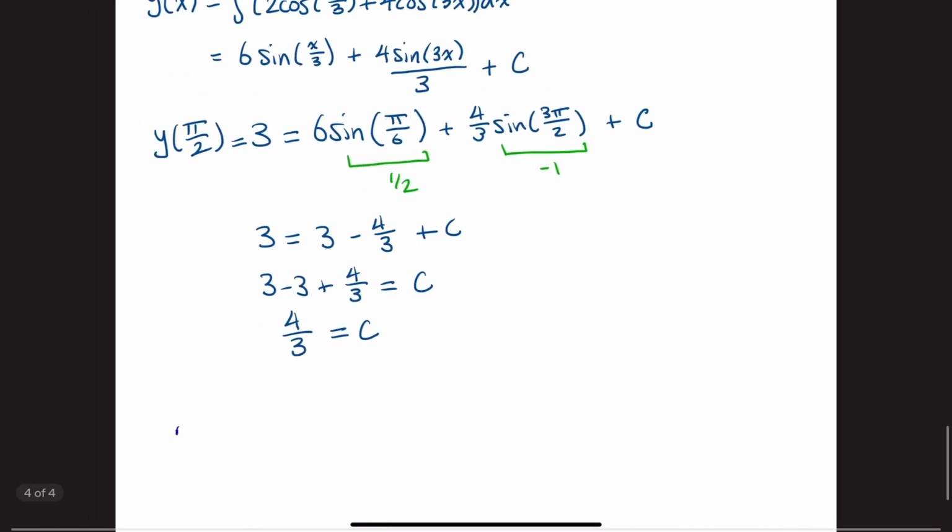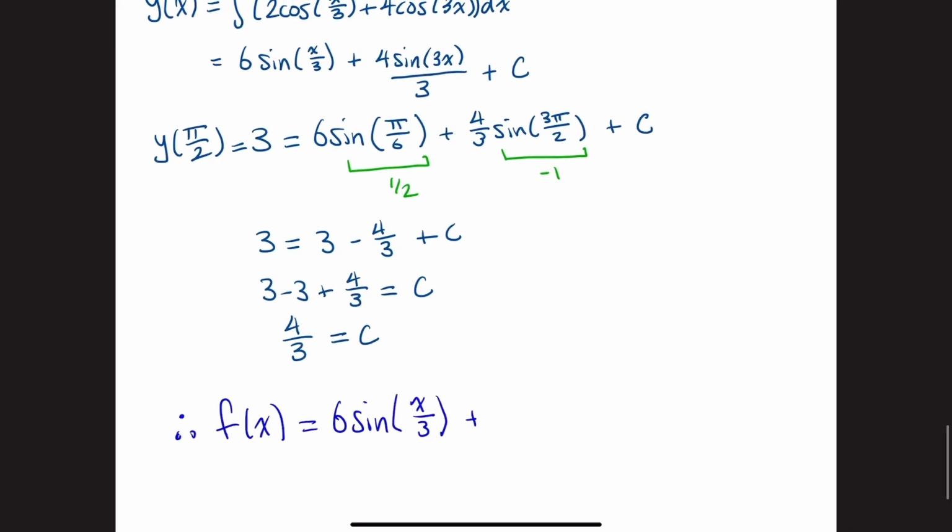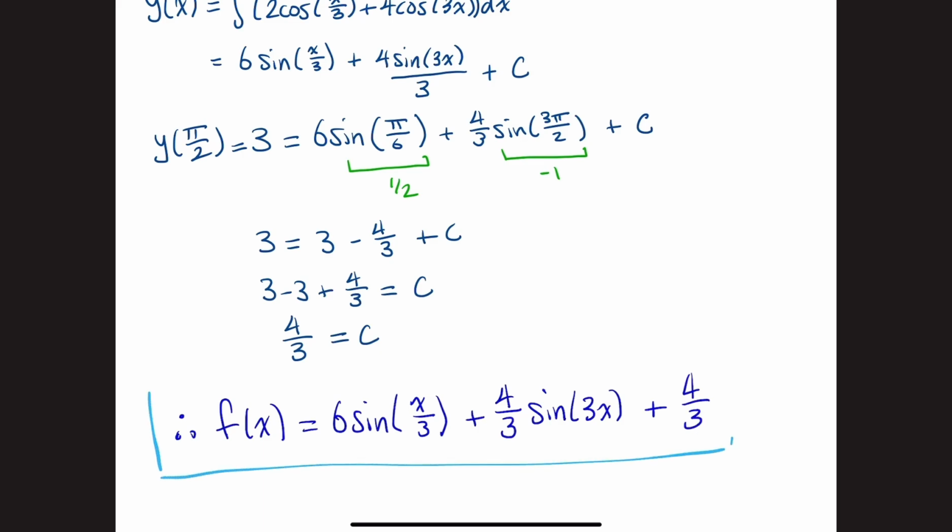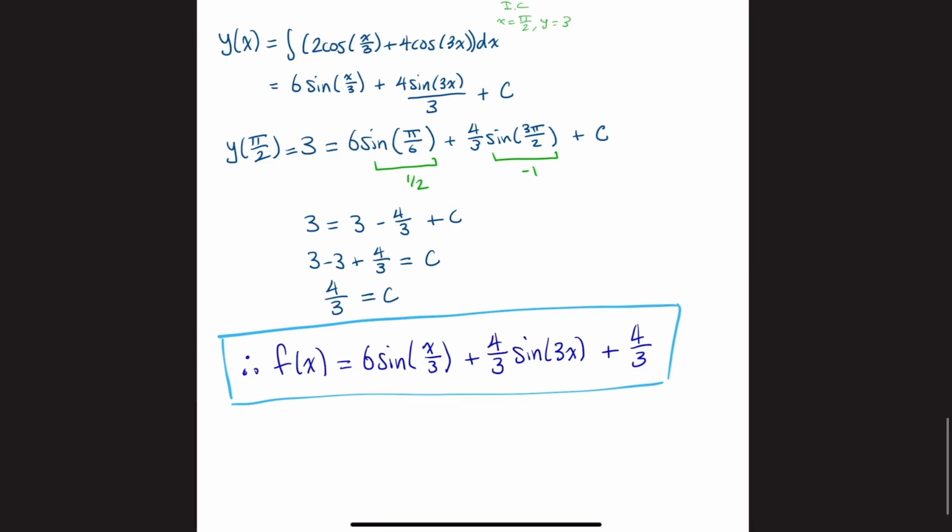And so therefore we can say that our particular solution is equal to 6 sine x over 3 plus 4 over 3 sine 3x plus 4 over 3. And this is your particular solution to this initial value problem.